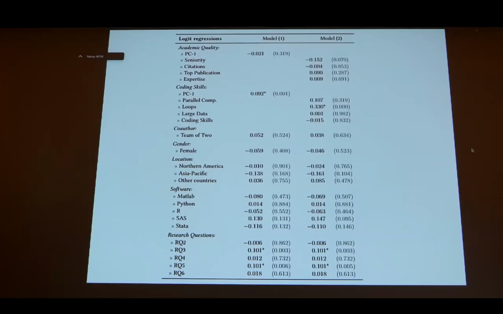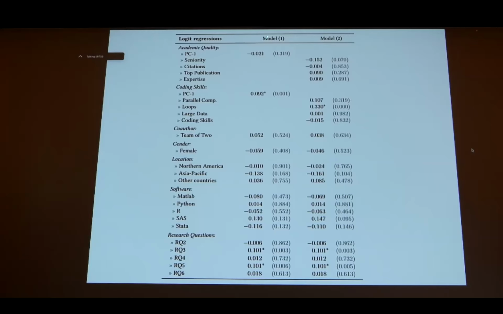Academic quality doesn't help. If you have a super top guy from a top institution or more like a PhD student from a second class institution, no difference. Coding skills really help. Because we have like 4 variables, we use either a principal component and we just use the first PC, or we put them independently.